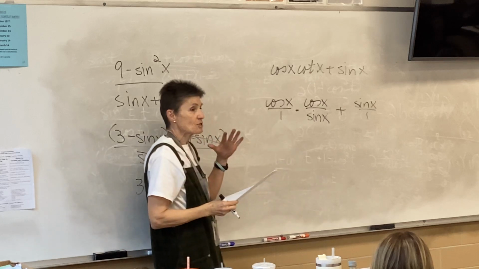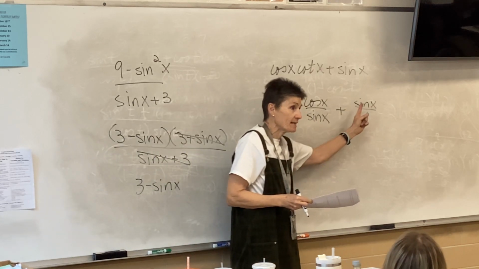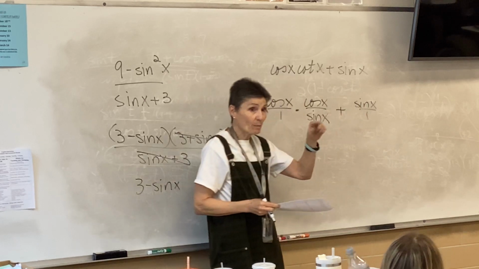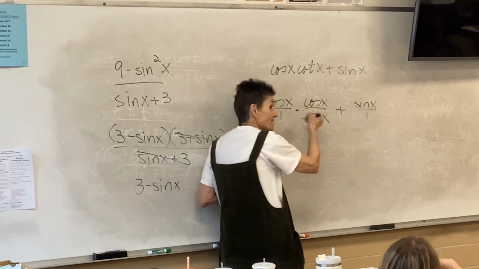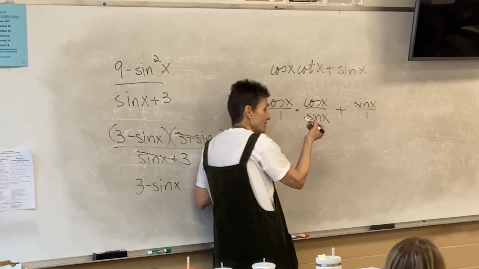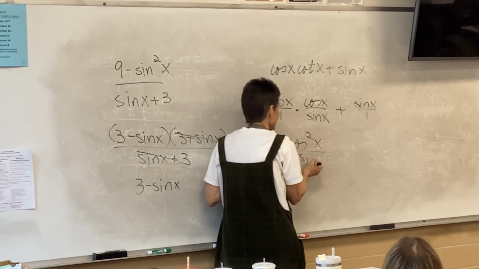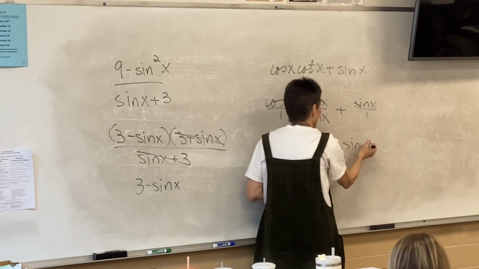Now, please don't cancel these. Do you understand why these do not cancel? That is a plus. The only way you can cancel is across multiplication. So here you could cancel if anything did, but it doesn't. So this is cosine squared over sine plus sine over 1.